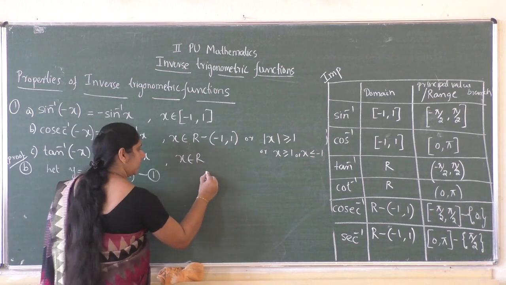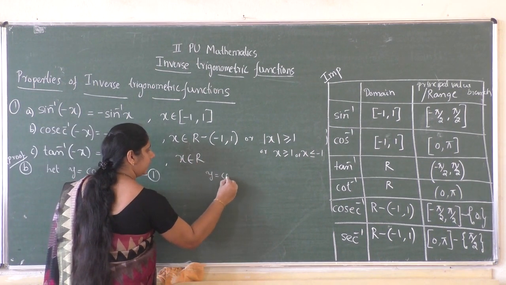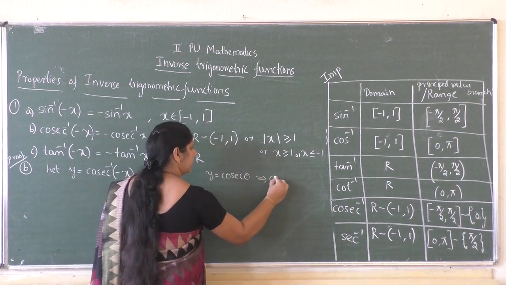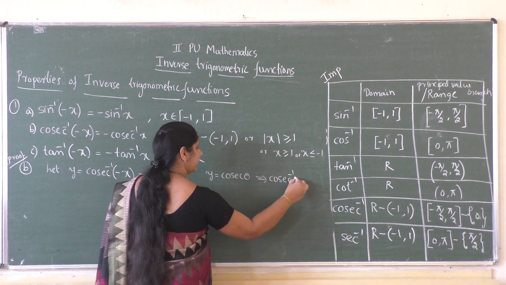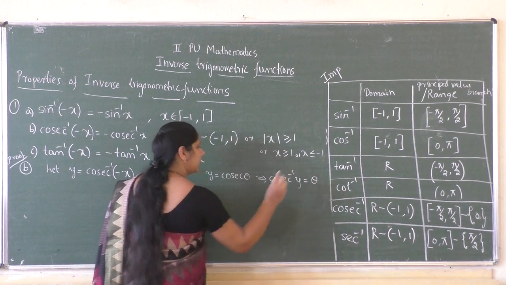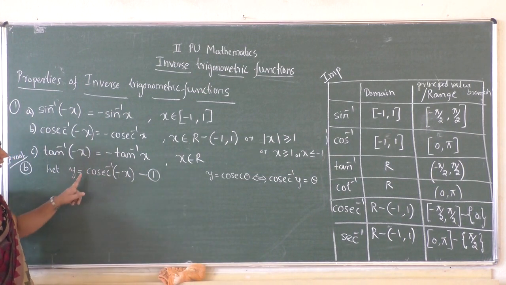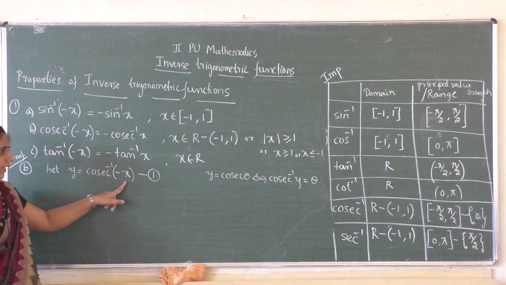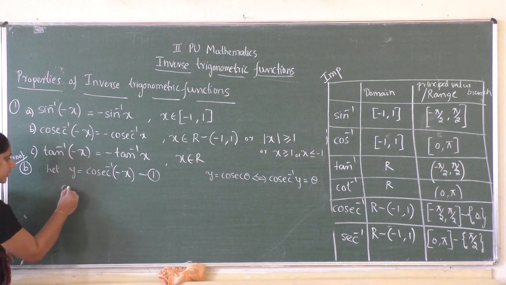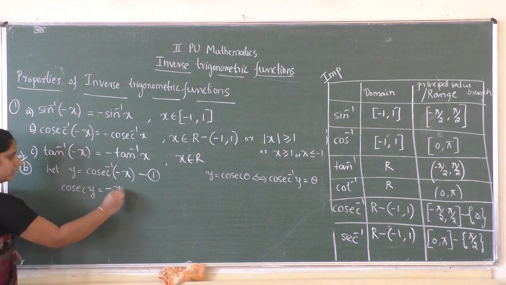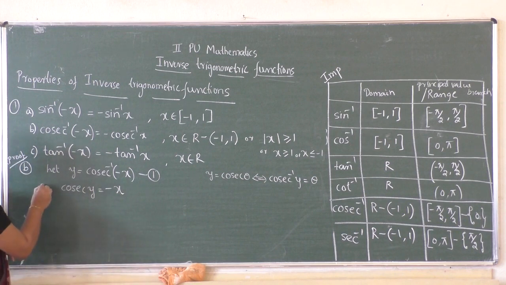Now if y equal to cosec theta, then cosec inverse y equal to theta or vice versa. So if y equal to cosec inverse of minus x, then it can be written as cosec y equal to minus x.